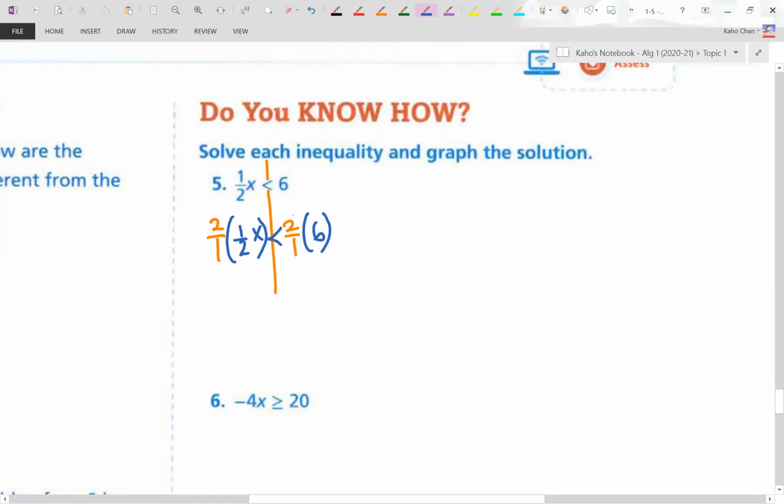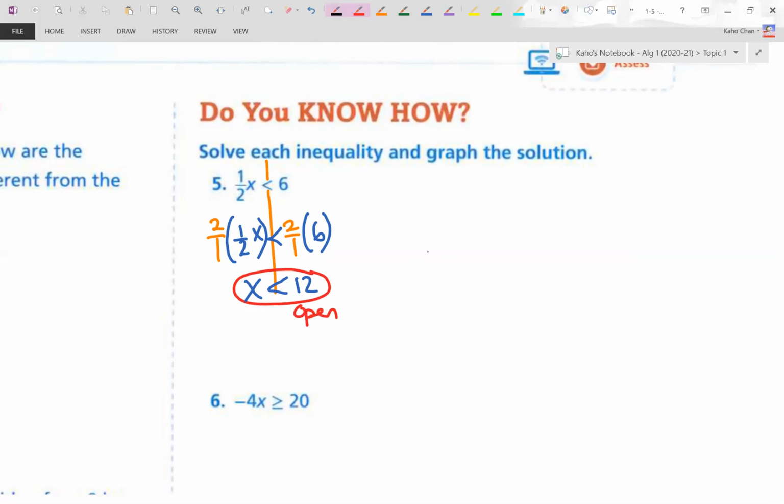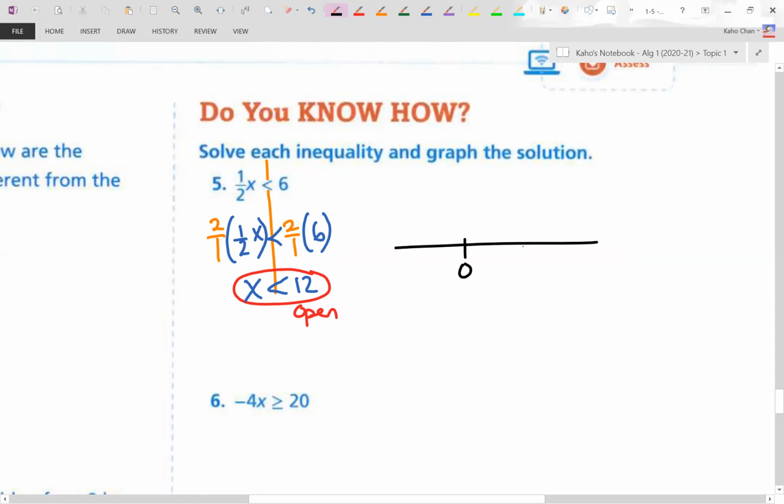The 2's go away in the left side, leaving with an x is less than 12. And they want us to graph it. Fine, let's do it. Let's open circle at 12. And follow the arrow, less than. Okay. Another way to represent that, of course, is using parentheses going that way. Same thing right there.